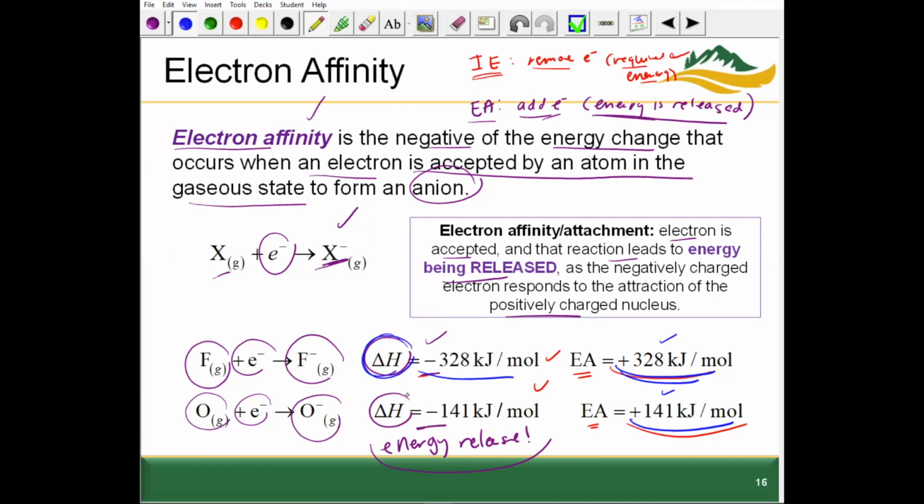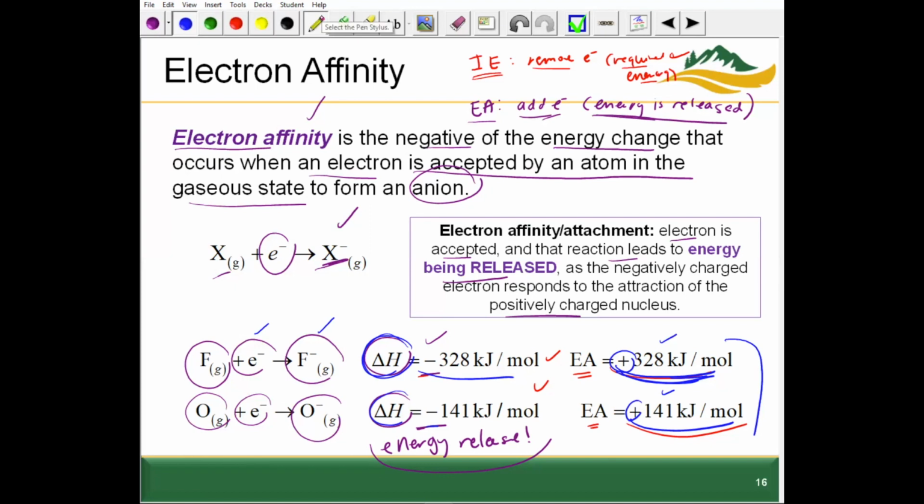So the delta H we see as a negative sign, but just quantifying the electron affinity on its own, we can say that as a positive number. How much energy is released? 328 kilojoules per mole of energy is released when we add an electron to fluorine. We'll look more at these signs in just a bit.